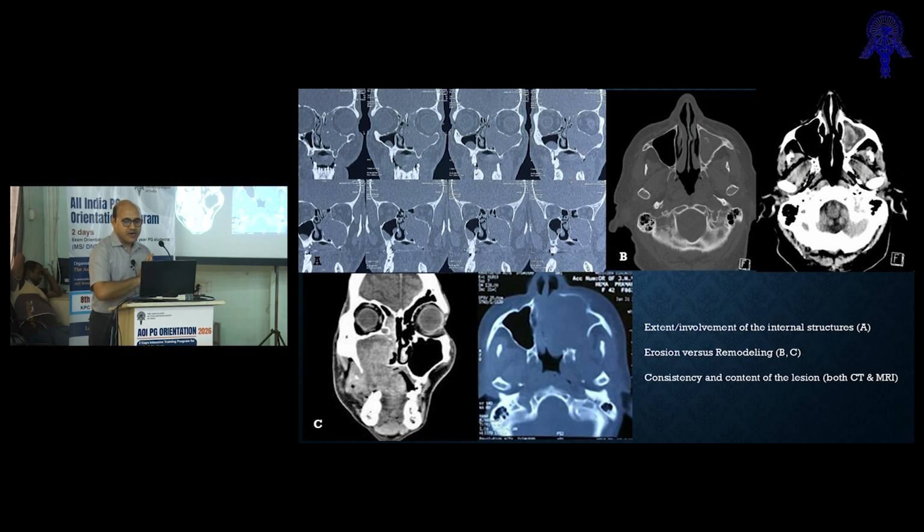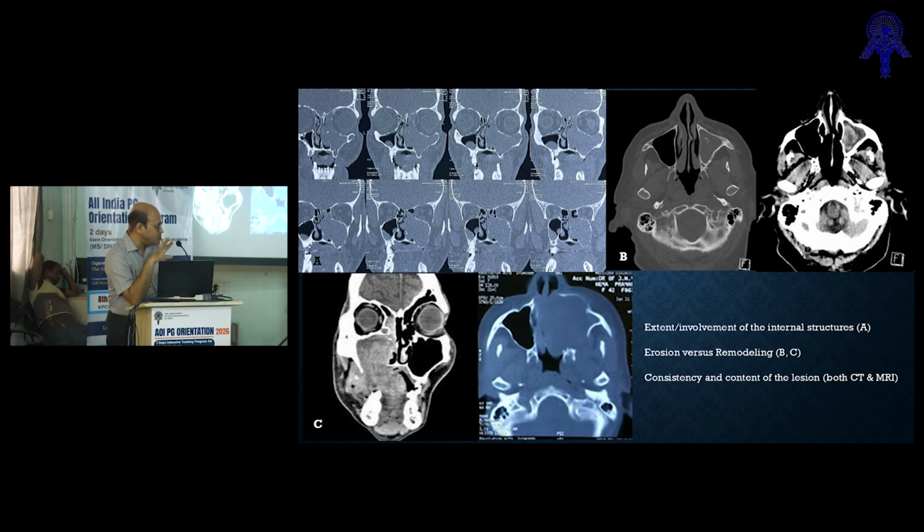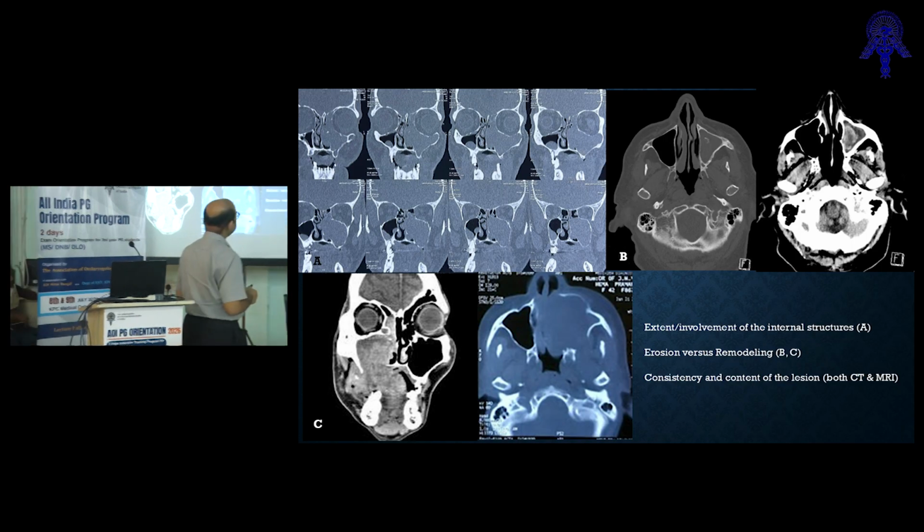So, take erosion versus remodeling. I am not going into the disease detail, just look at this: it is simply a chronic rhinosinusitis with nasal polyp. Here you can see that because of the huge bulk of the disease, there is thinning of the maxillary sinus wall compared to the right side. This is because of pressure. But the same remodeling occurs in a case of AFRS.